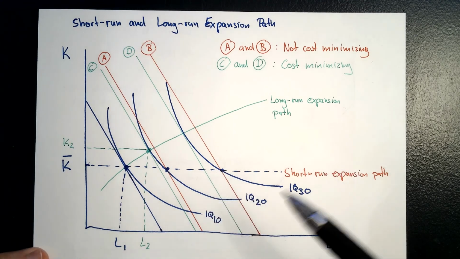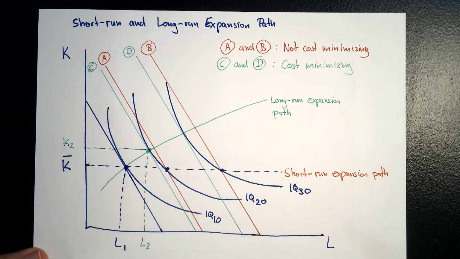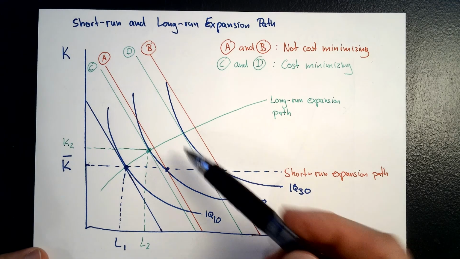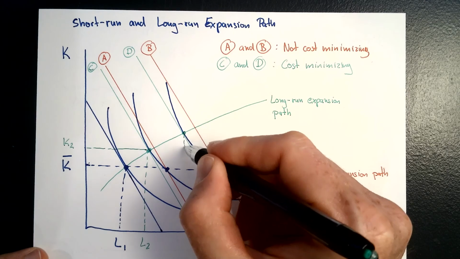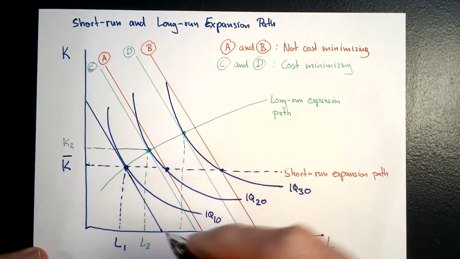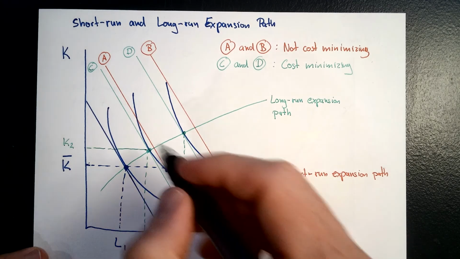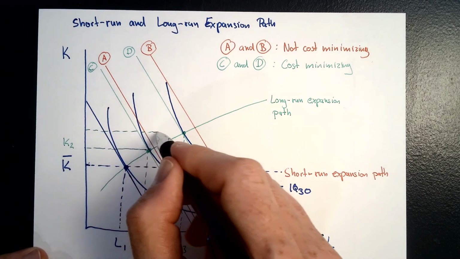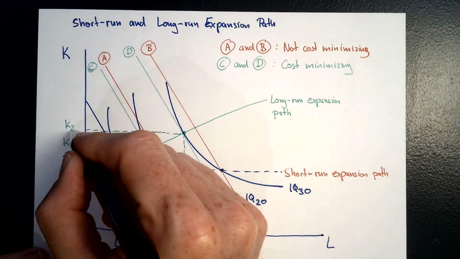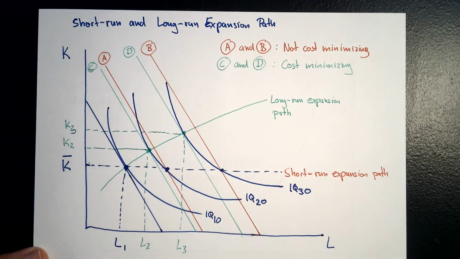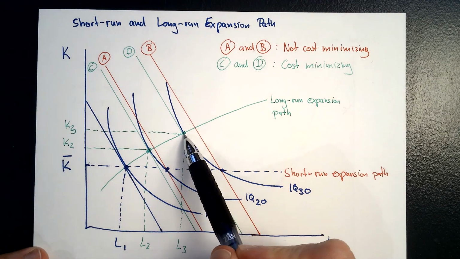Only in the long run, when they can adjust all the inputs freely, can they move to this point here. Let's call this L3 and K3, where this point here is cost minimizing.